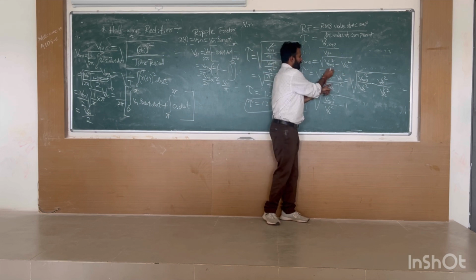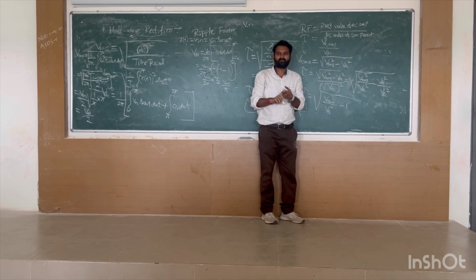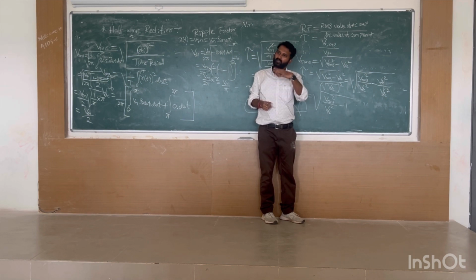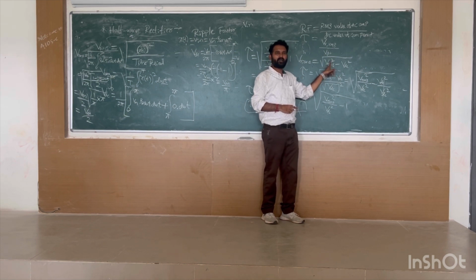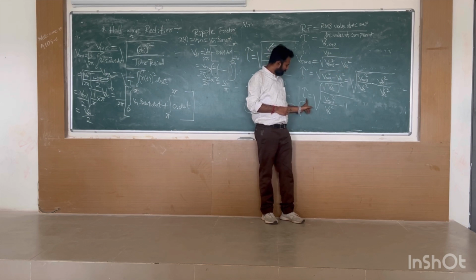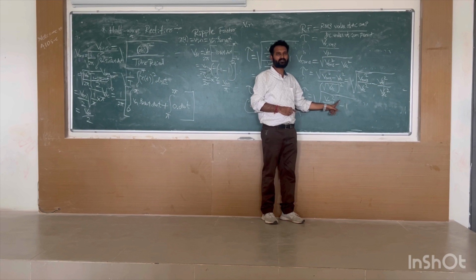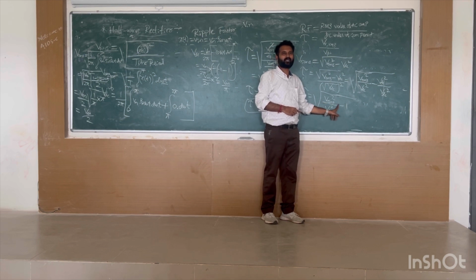Focus here, this VRMS is nothing but the AC voltage, the AC input. We call it by another name, VRMS. You can say VAC also. Like that you will get tau is equal to square root of VRMS square divided by VDC square, minus 1.